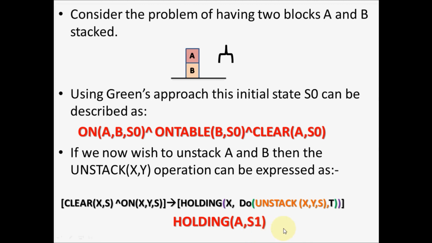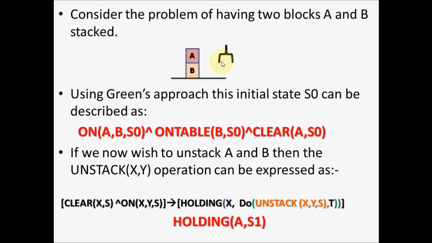But again people will have some doubts, and that doubt is this: we have specified that the robotic arm is holding A, but after A is held by the robotic arm, why are you not specifying that block B is now clear? It's not specified.